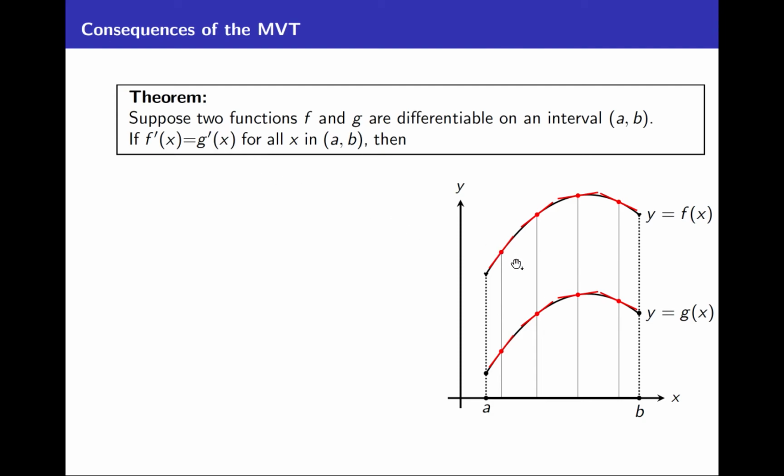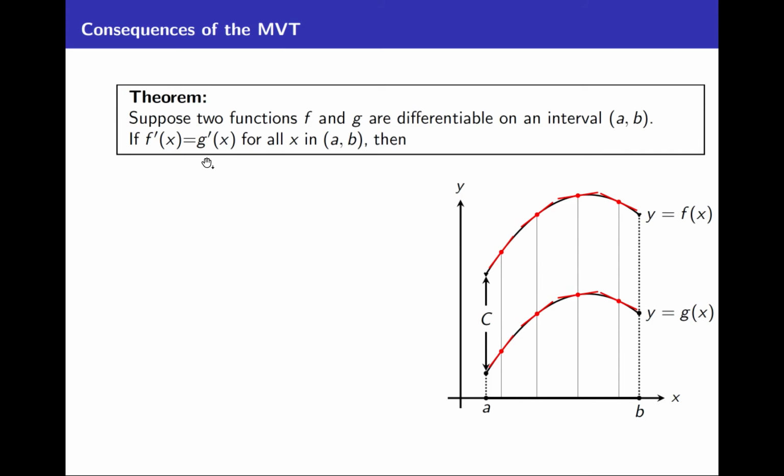That's what's illustrated here. And looking at this, you start to see a relationship between the graphs of y equals f of x and y equals g of x under the assumption that their derivatives are equal. It looks like they have the same shape, that f of x is just g of x moved up some number of units, say c units.